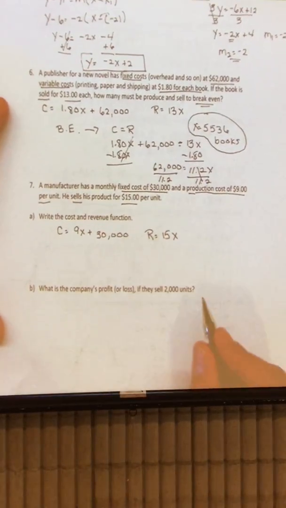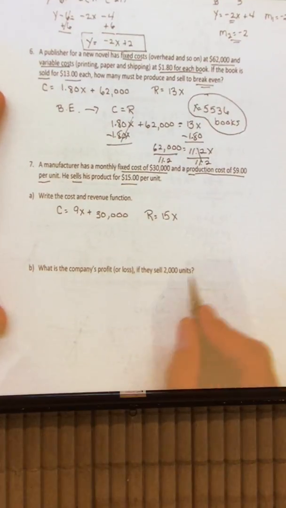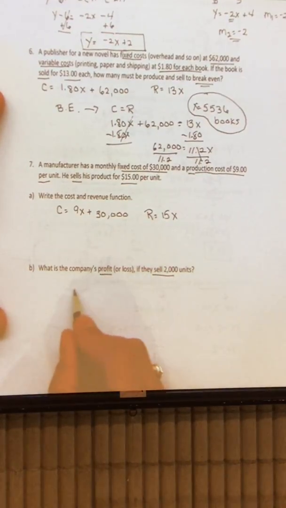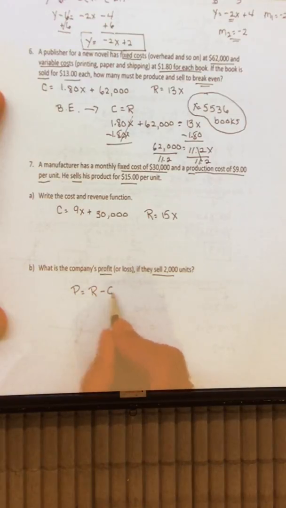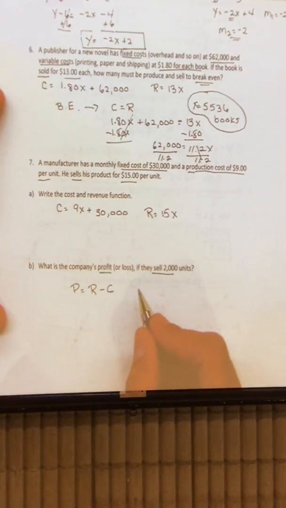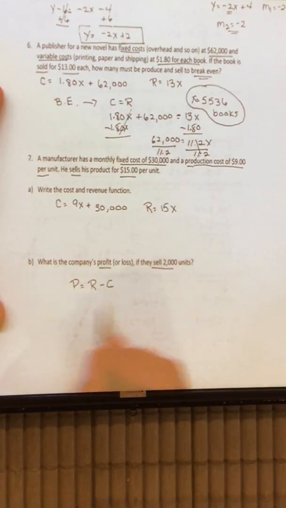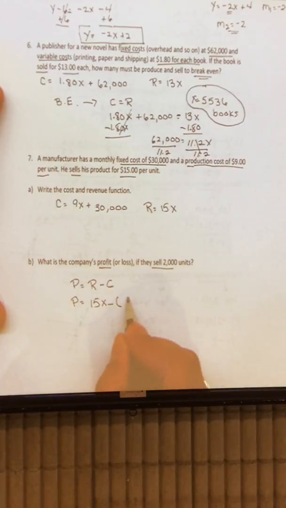What is the company's profit or loss if they sell 2,000 units? So now remember, our profit equation is equal to the revenue minus the cost. So let's determine the profit equation. P is equal to the revenue, which is 15x, minus the cost, which is 9x plus 30,000.